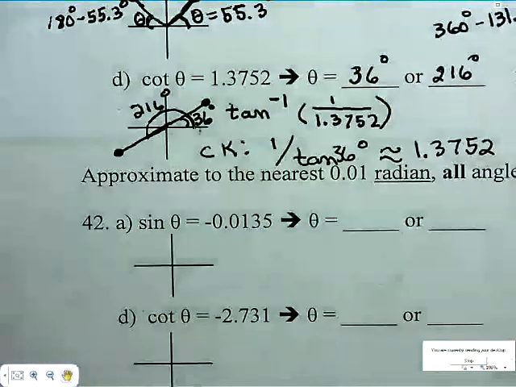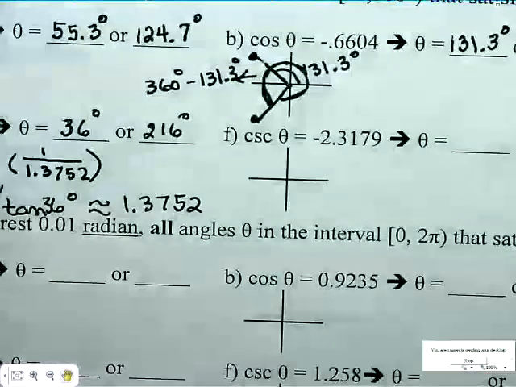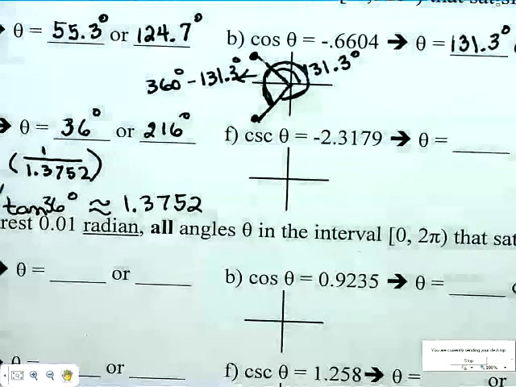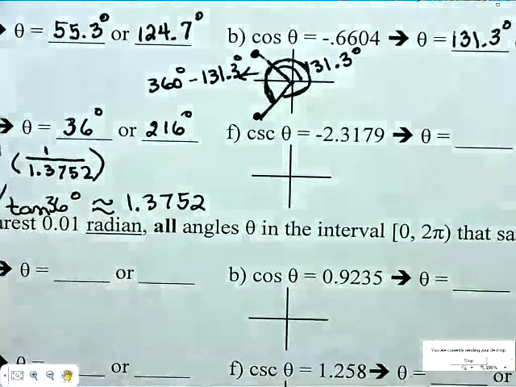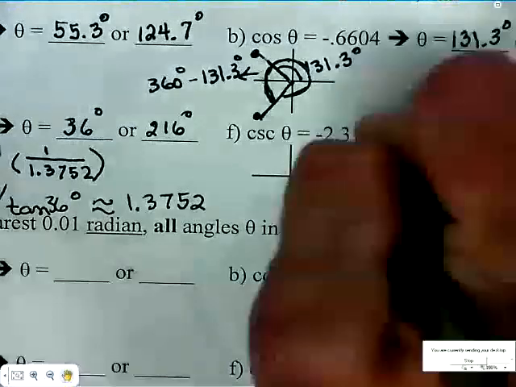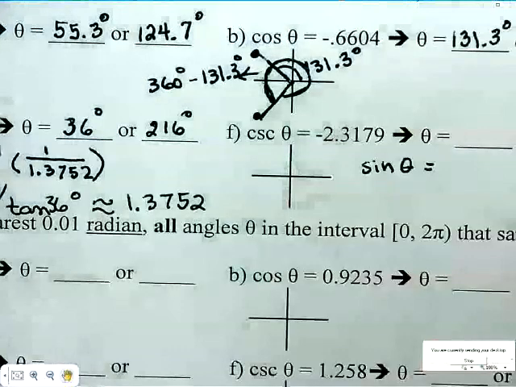All right. One more problem with our calculator in degree mode, and then in 42 we'll need to change it to radian mode. Part F, if you tell me cosecant theta is negative 2.3179, I automatically think then sine theta is what? 1 over that.